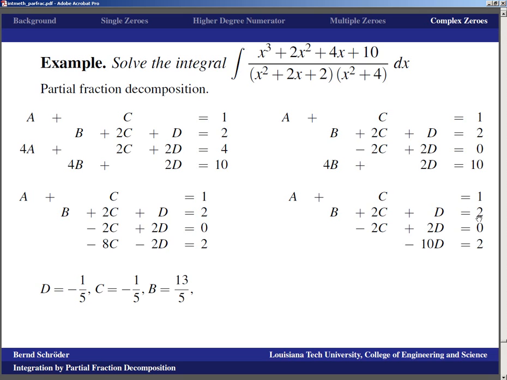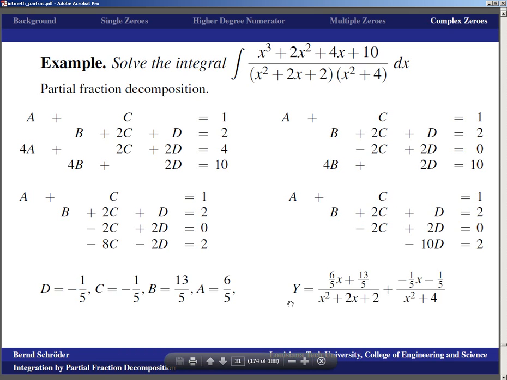All right, now I'm finally getting warmed up here. And a is 1 minus c, so that should be 6/5, and a is 6/5. And that means our function y, and now we just have to take that back in, right? a was 6/5, so 6/5 x plus 13/5 divided by the first one, plus negative 1/5 x plus negative 1/5 divided by the second one. That's the partial fraction decomposition for this function that we have here.